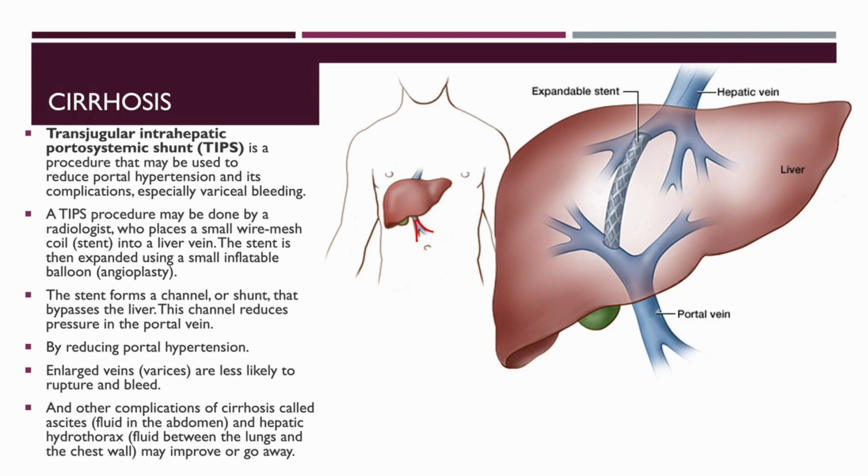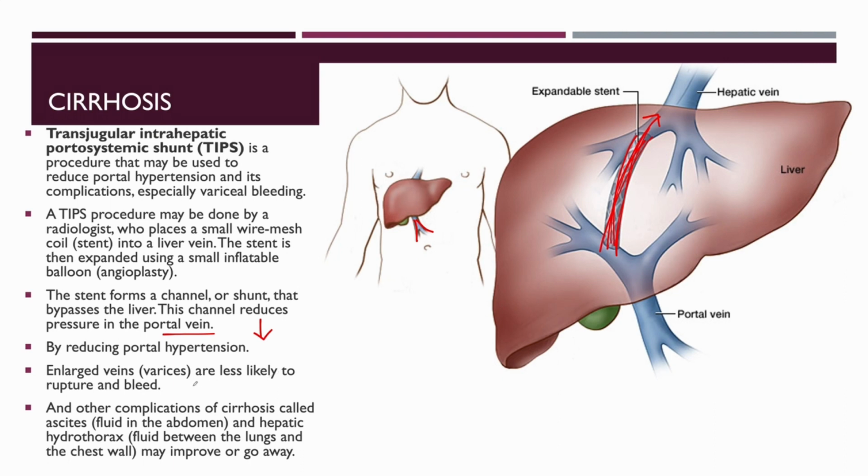So essentially we connect the portal vein to the hepatic vein, and we put a stent in to keep it open so that the blood flow can essentially bypass a lot of the liver, and just kind of bypass all that fibrotic tendency. And so it reduces the pressure in the portal vein, thus reducing the portal hypertension, and the varices are less likely to rupture and bleed, which is kind of why we do it in the first place.